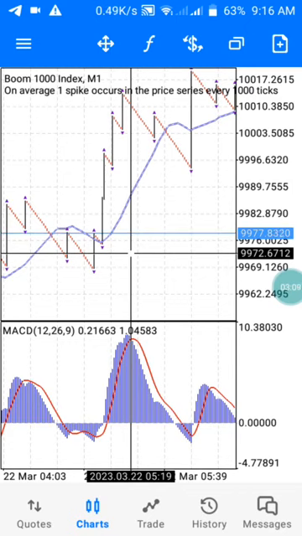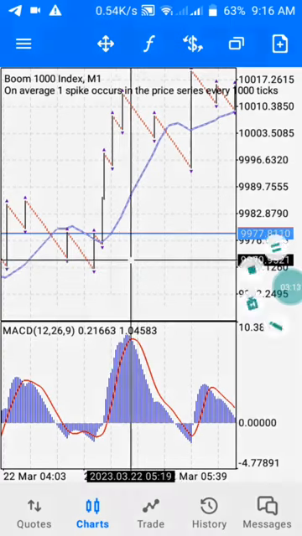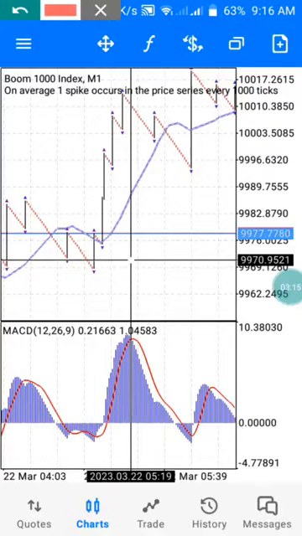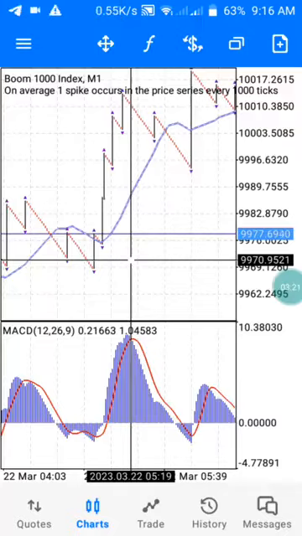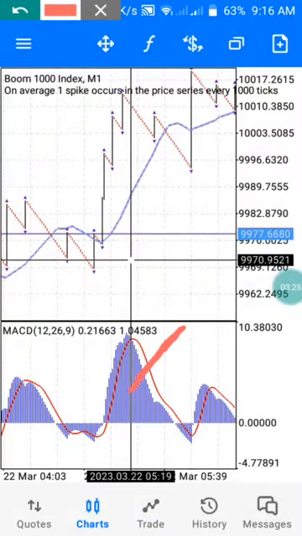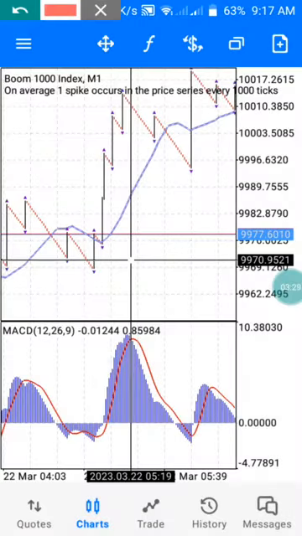Let me explain to you how this will really help you. What you are going to be looking for every time you trade is this particular zone. For you to take a sell entry, you are going to be looking at my moving average, which is my red line here.